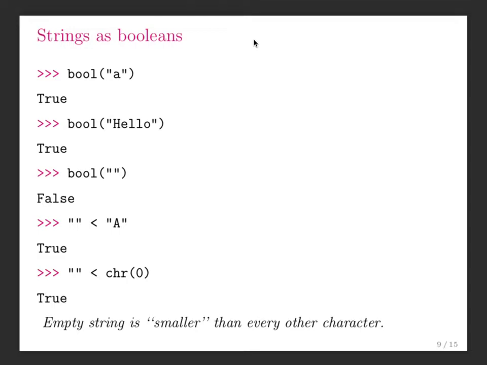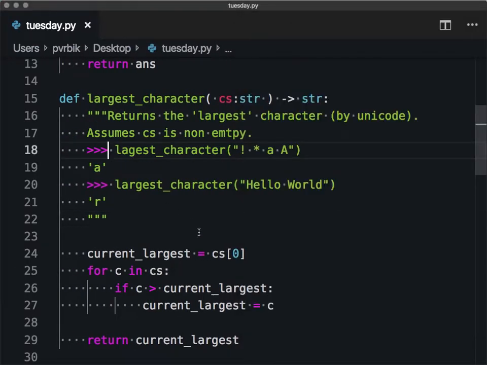So this means that the empty string is smaller than every other character, which means that I can replace this with the empty string. The very first comparison is going to win. What's larger, the empty string or my first element? Well, your first element, provided it's not the empty string.